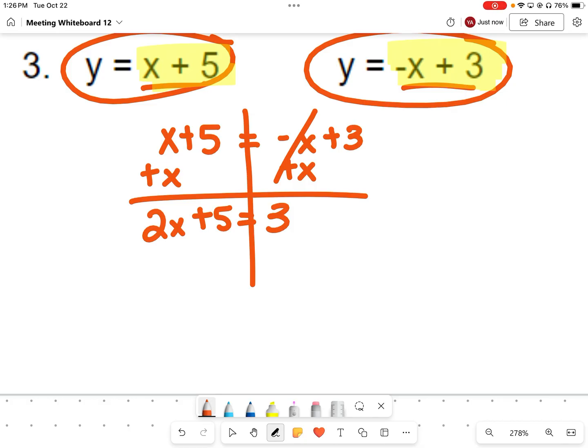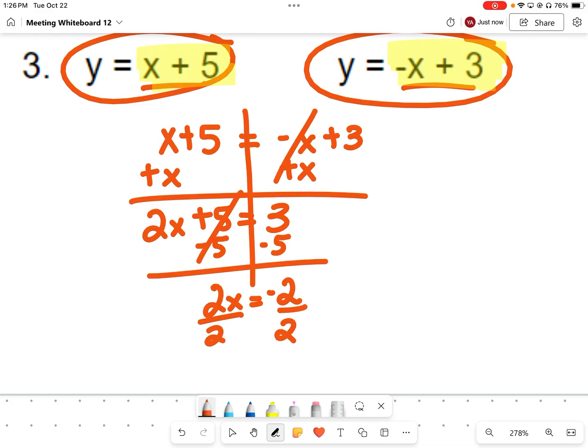So we need to get rid of that plus 5 by subtracting 5. 2x equals 3 minus 5, negative 2. We need to get x by itself. We do the divide on both sides. Negative 2 divided by 2. Negative 1.